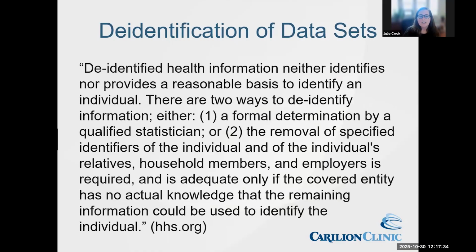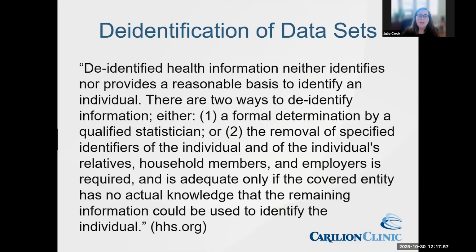So, de-identification of data sets. It's important when we think about de-identification to have a good understanding of what that really means. What HIPAA requires and says, as far as how you can de-identify a data set, is that you can get a formal determination by a qualified statistician.